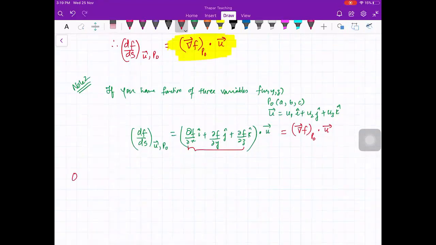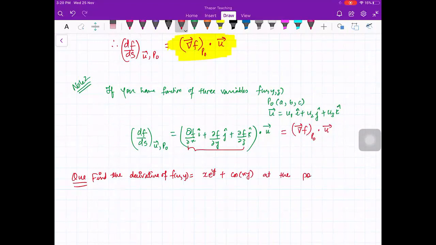So let us do one problem. Find the derivative of f(x,y) = x e^y + cos(xy) at the point (2,0) in the direction of the vector 3i minus 4j.